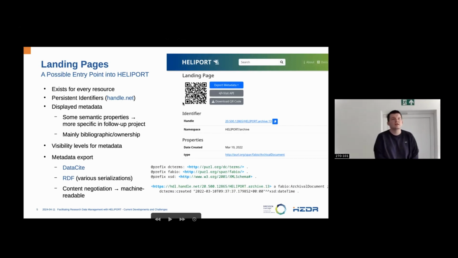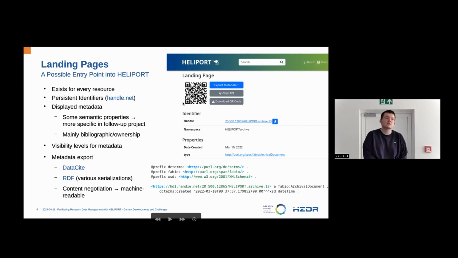In our case, these are handled, but other systems could be implemented as well that resolve to this landing page. The landing pages display certain metadata, some semantic properties, which you can see in the example on the right here, that this refers to an archival document. These are the tape archives that Stefan mentioned.